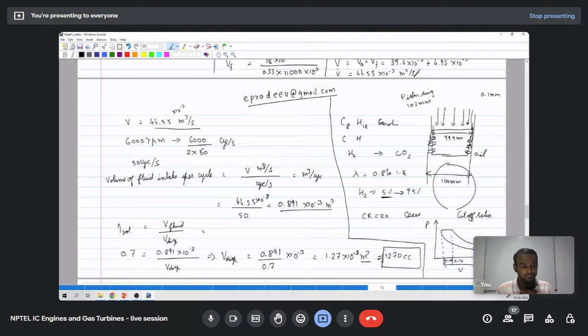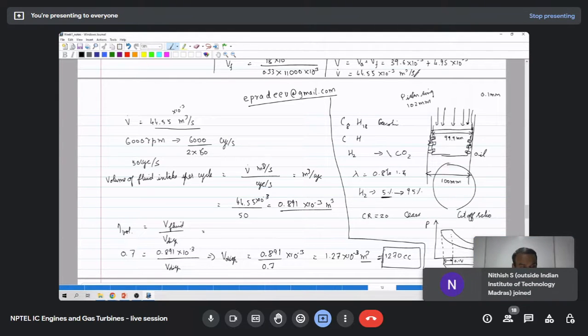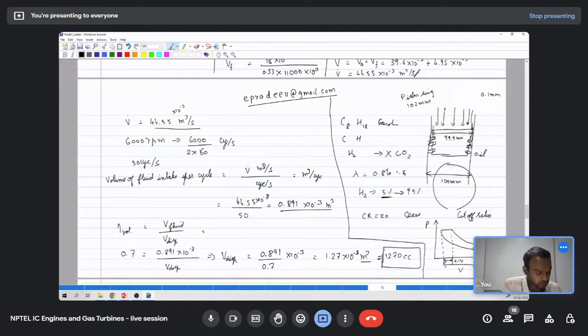Yeah, so this is the ideal diesel cycle, right? You can see in the bottom right corner. It starts with state 1, where the volume is low and pressure is low. From there we start to compress. We have isentropic compression between 1 and 2. Then we reach a high pressure, but the volume will be very low.